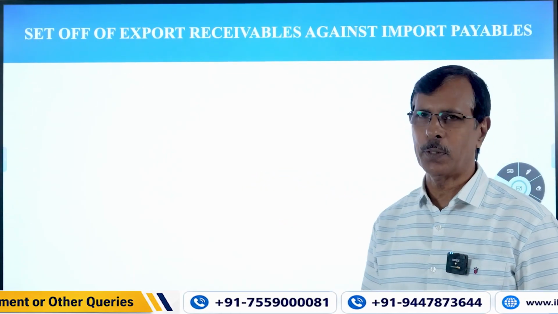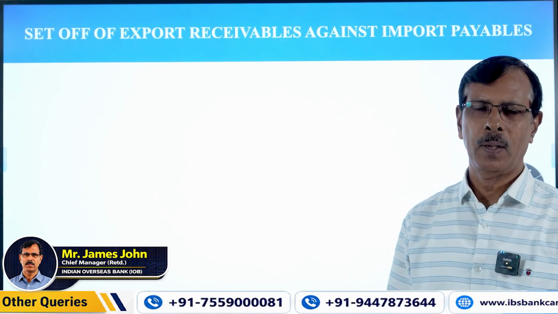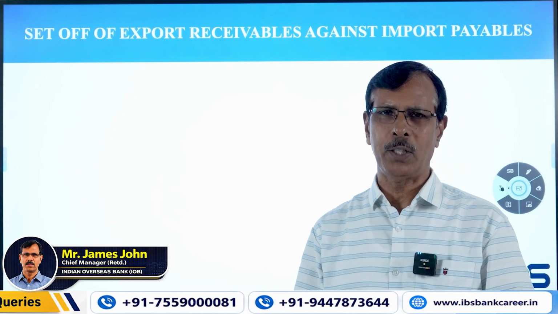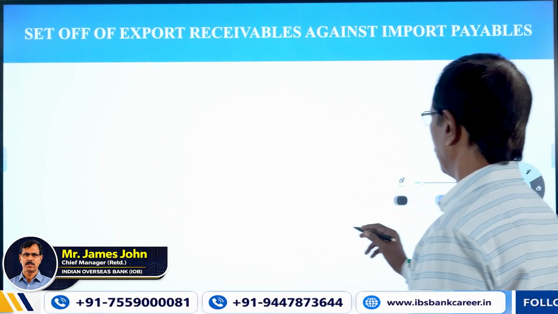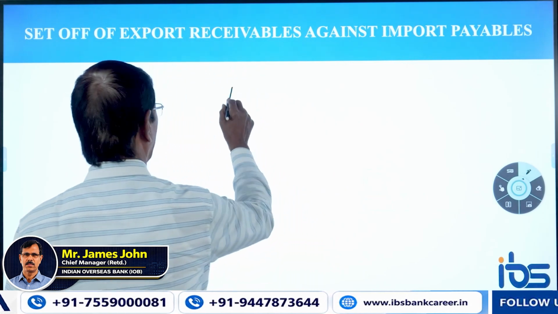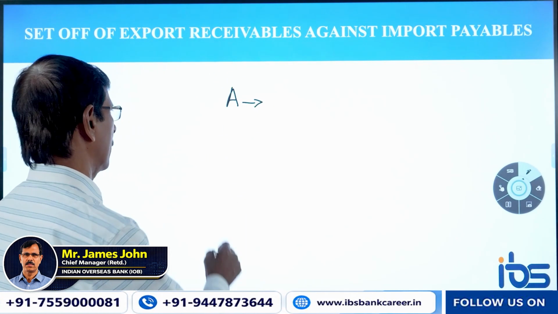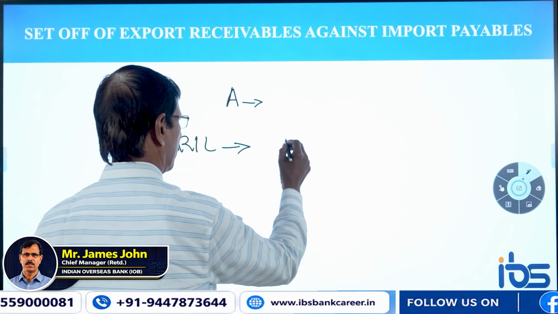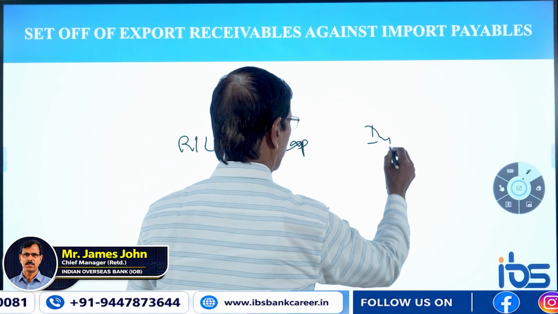Set off of export receivables and import payables. See, sometimes the merchant will be doing both export and import. For example, let us assume there is a person, or an entity, say for example Reliance Industries. They are doing export business and they are doing import also.